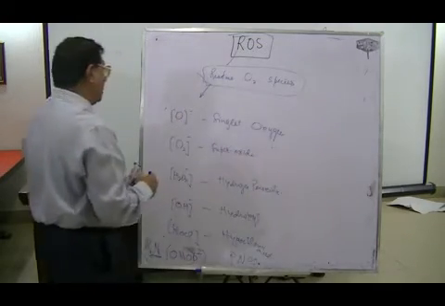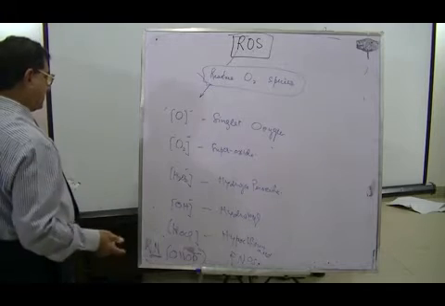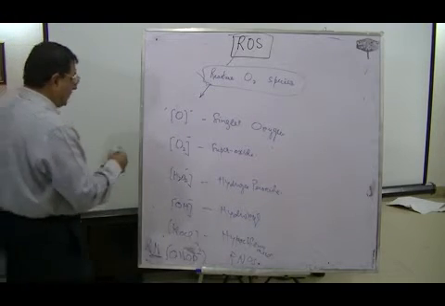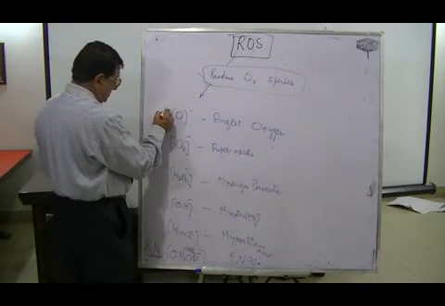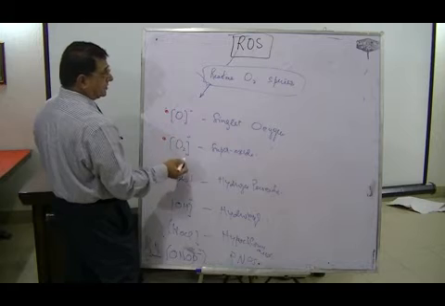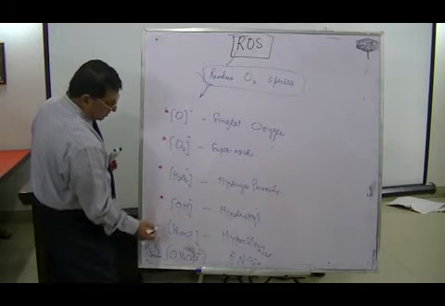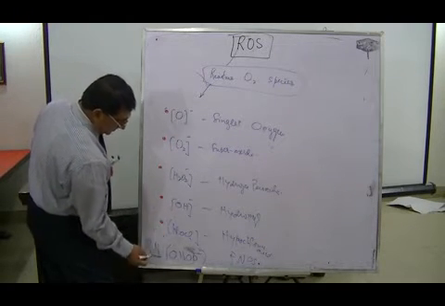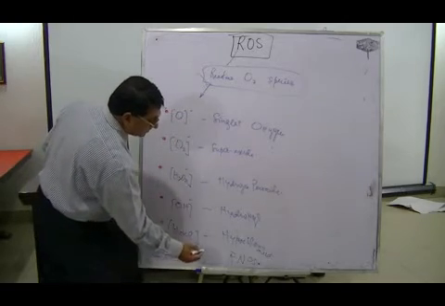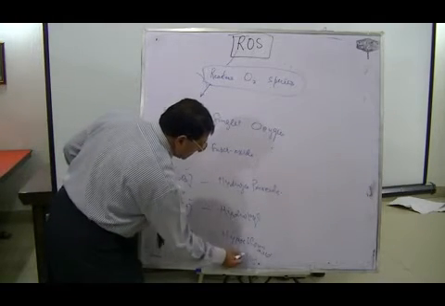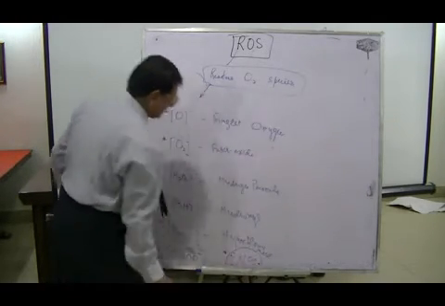So these are all oxidizing species. One is singlet oxygen, the other one is superoxide, the other one is H2O2, the one is hydroxyl group, then you've got hypochlorous acid, then you've got RNOS, reactive nitrogen species.